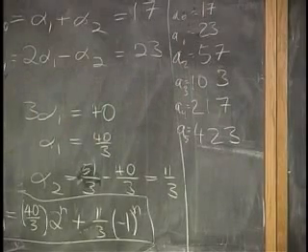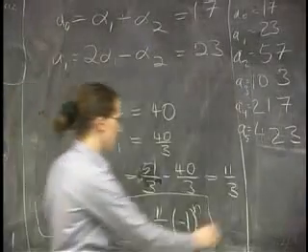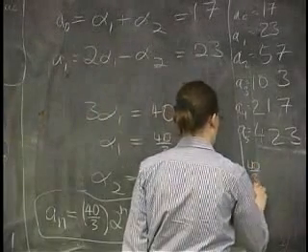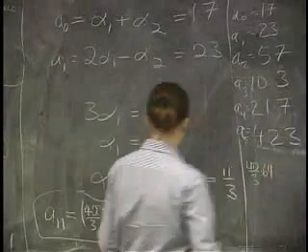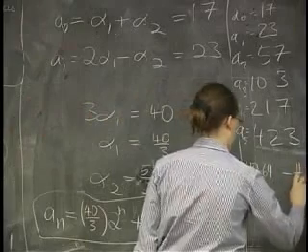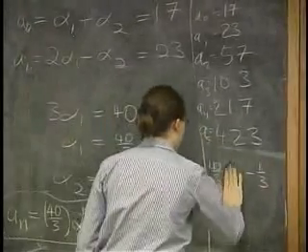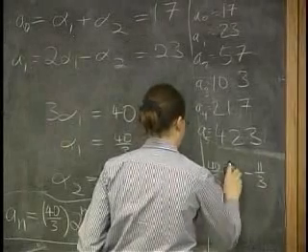And over here I claim it's 40 thirds times 2 to the 5th, so 40 over 3 times 32, and then minus 11 thirds. 2 to the 5th is 32, oh good, because that was going to be a really big number, and wrong.